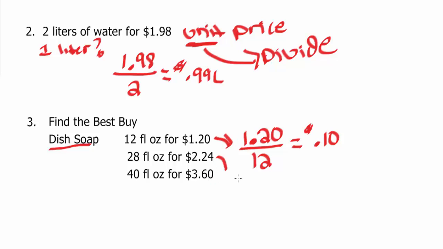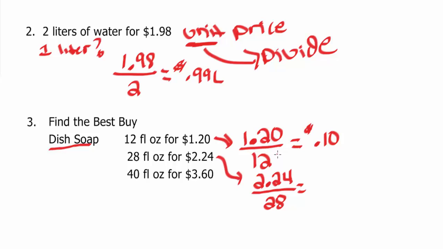Our next one, the biggest mistake here is that you don't put the money on the top. $2.24 divided by 28, because remember, you want to know how much it is for 1 ounce. So the ounce goes on the bottom.